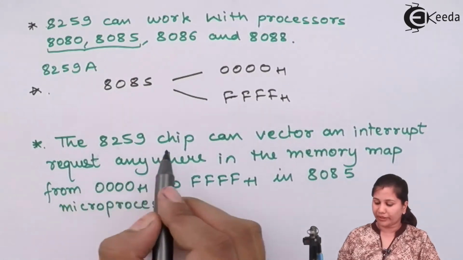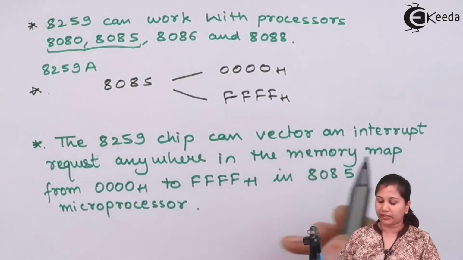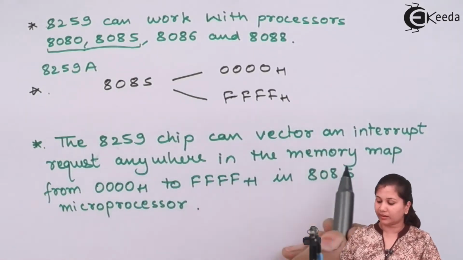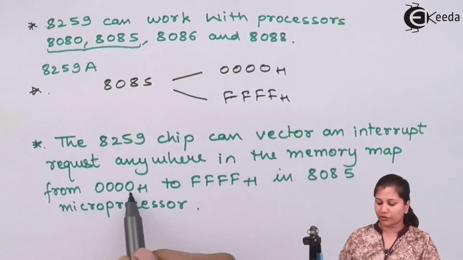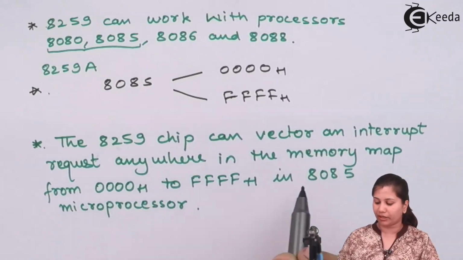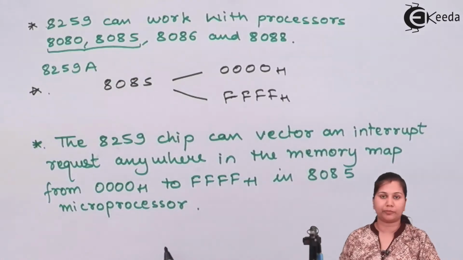This 8259 chip can vector an interrupt request anywhere in the memory map from 000H to FFFH in the 8085 microprocessor.